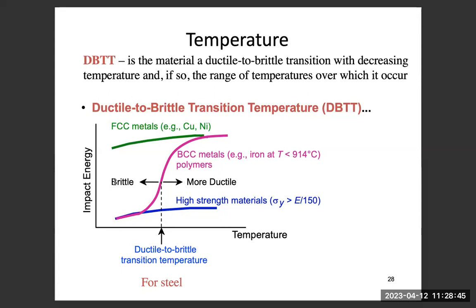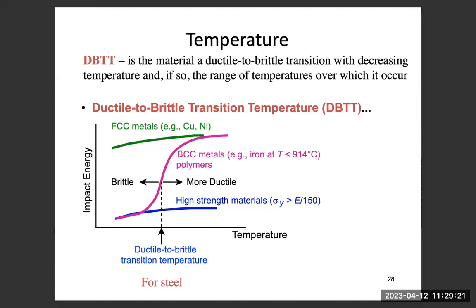So above the critical temperature you observe ductile behavior, but below the critical temperature you observe brittle behavior. That is because BCC materials are deformed mainly by screw dislocations. At high temperature you can activate your screw dislocations because their motion is thermally activated, but at low temperature you cannot. So at low temperature they are brittle, but after a certain point, they are ductile.